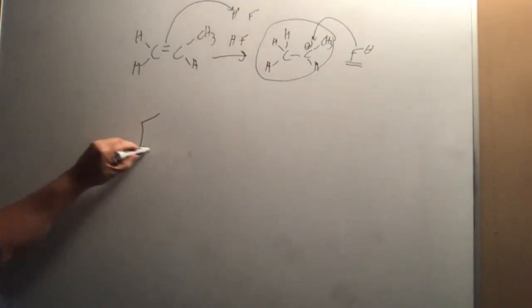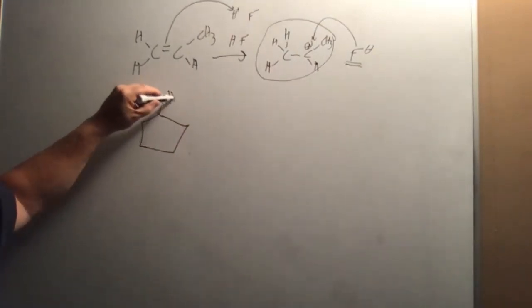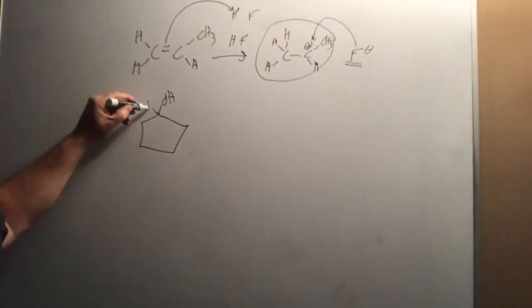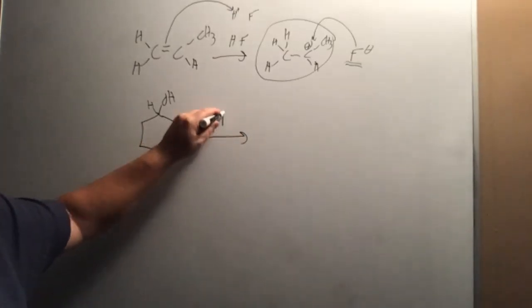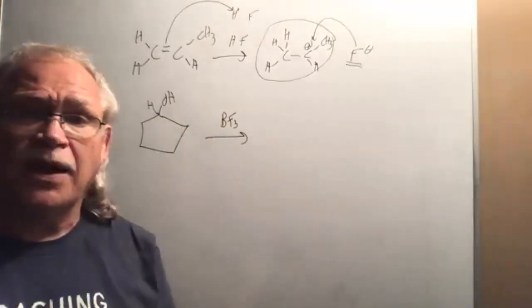We can also take an alcohol. I'm illustrating this in my notes with this ringed alcohol, but I don't have to. Notice there's an H on there. And we react this with BF3, a compound that we've already talked about once.